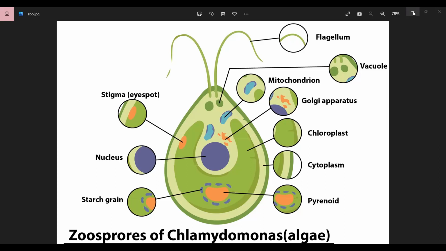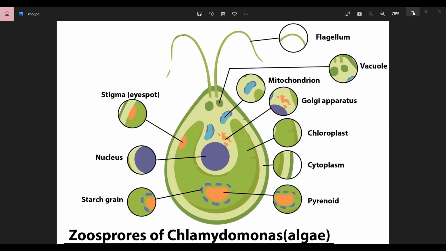Now, coming on to the next one, this is your fungal spore. These are the zoospores that we have seen with the flagella. Then we have seen the aplanospores here in the Spirogyra. And the next one is these akinetes. What are akinetes? The resting spores.